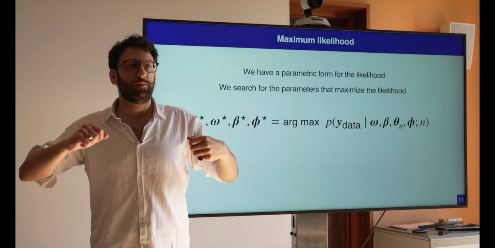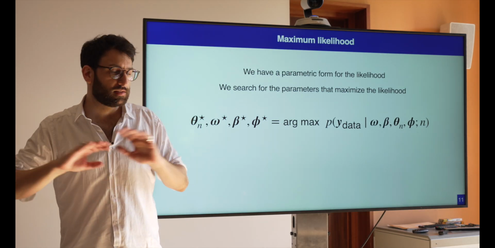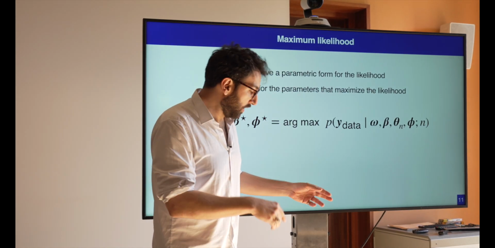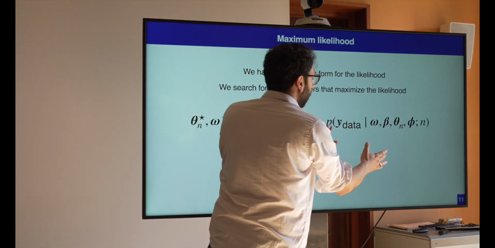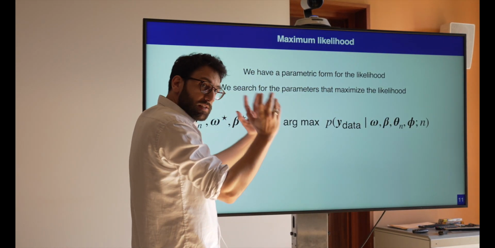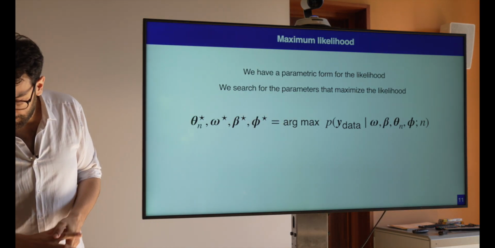Some parameters are going to be completely off, there's no way these can fit the data, but some of them are compatible with the data. So the range of parameters where the likelihood stays kind of the same is basically the uncertainties we want to determine.